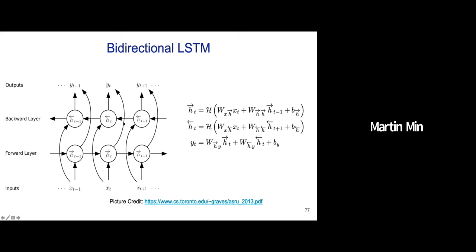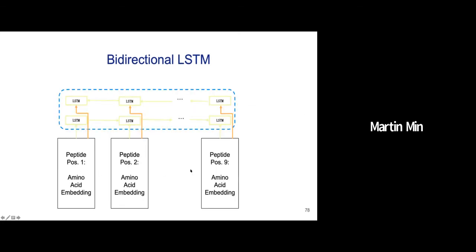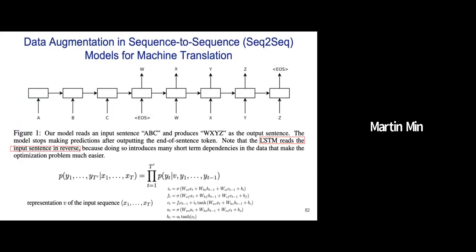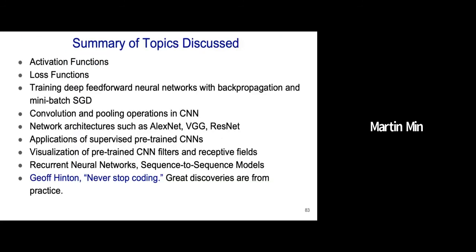Okay, so if you have a sentence, instead of having one direction like a recurrent neural network, you can also have a second, backward direction. For example, if you want to classify the peptide of a protein segment, you can have one direction recurrent neural network trained this way, and another direction trained the other way. You can use this for sentence classification or machine translation.